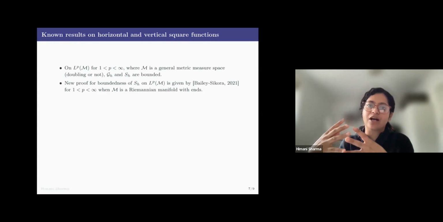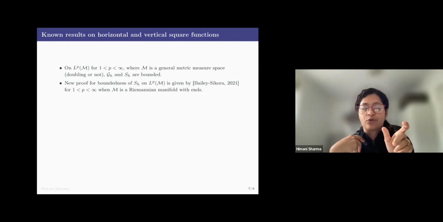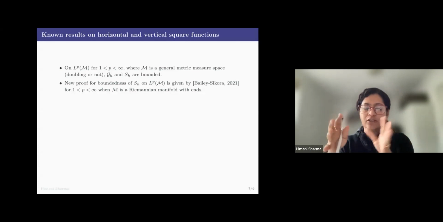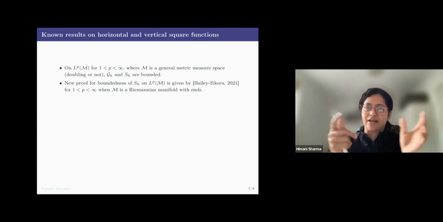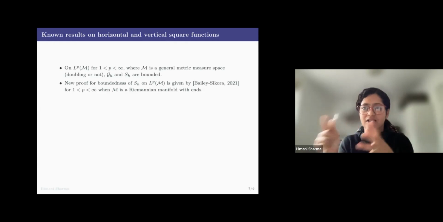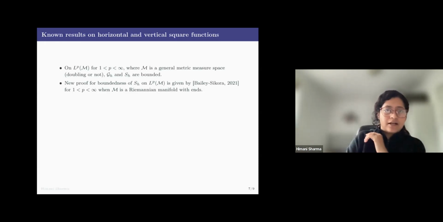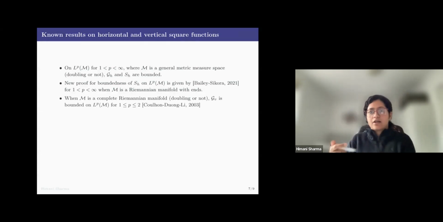That different proof comes from the way they proved the vertical square function as well. But their proof is true for the Riemannian manifolds with ends that we have seen before, which they defined as connected copies of Riemannian manifolds. All right, so these are the cases for the horizontal square function.